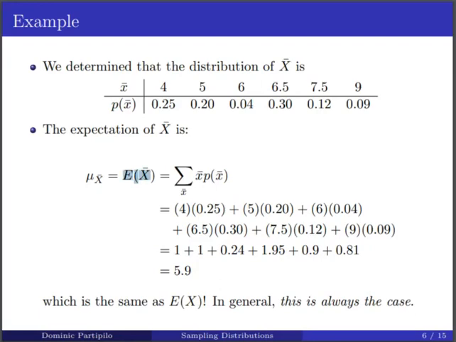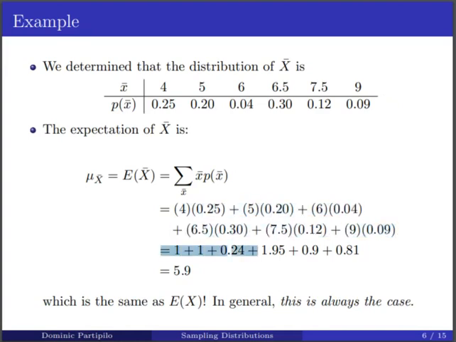So the expectation of X bar is going to be the sum of each of the possible values of X bar times their corresponding probabilities. So that's just going to be 4 times 0.25 plus 5 times 0.2 all the way down the line. And when we do that, we end up with this.